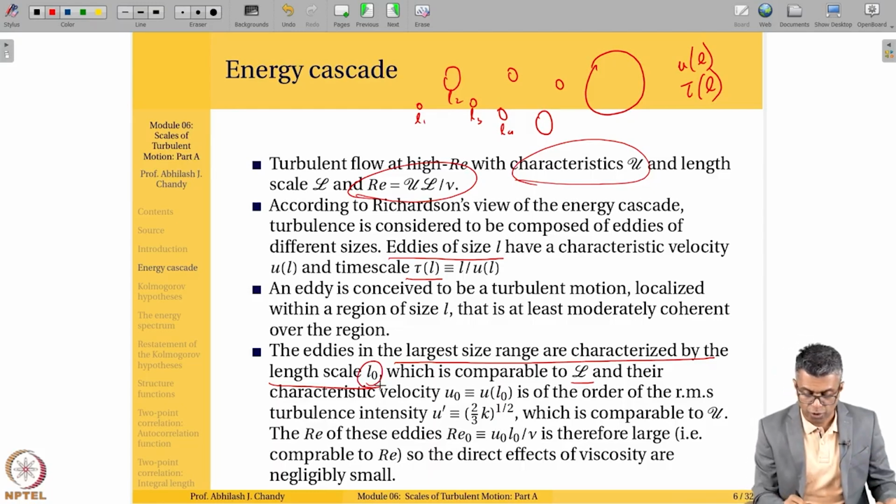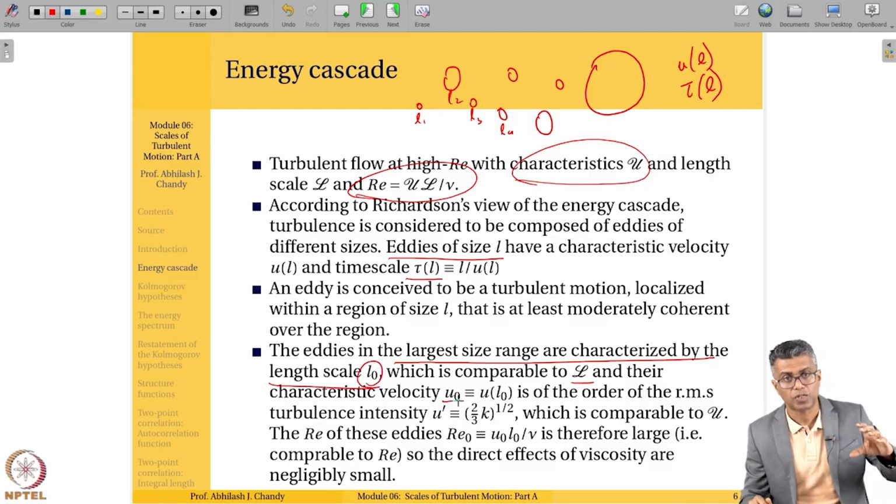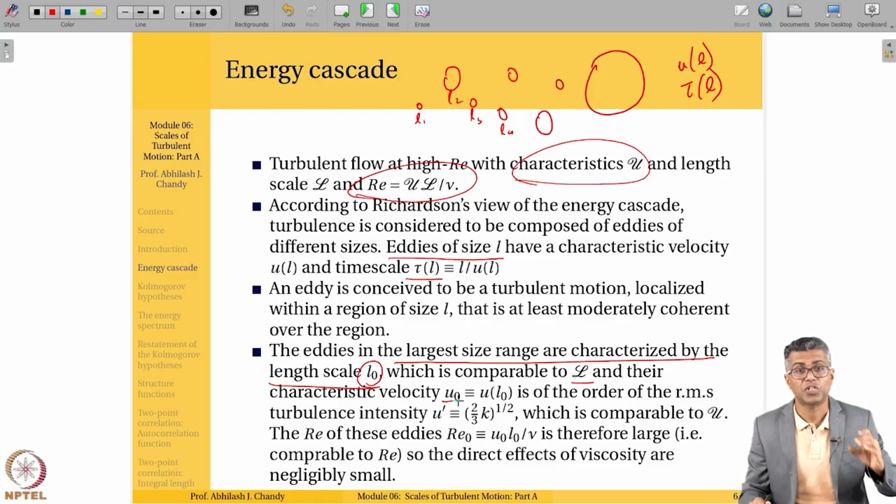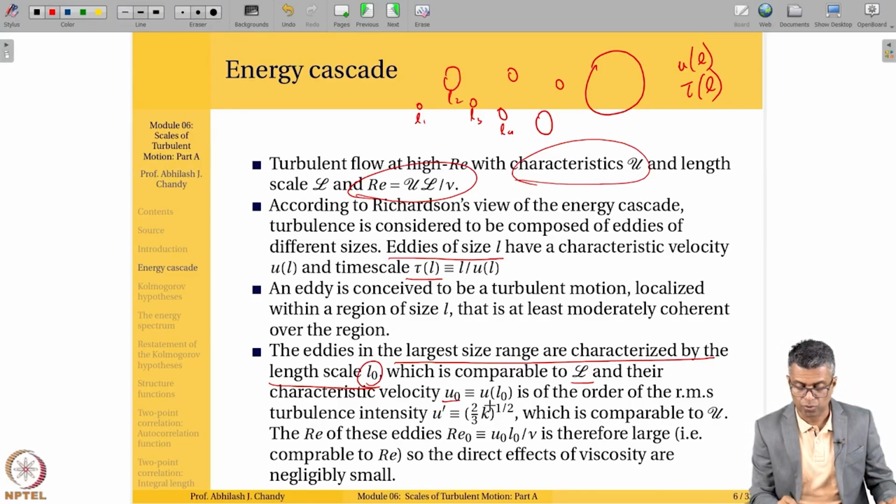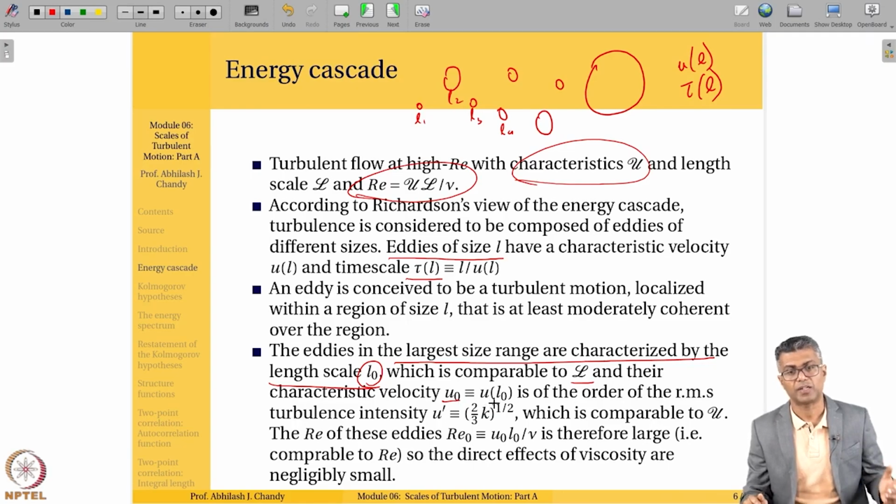So correspondingly, you will have a U0 associated with the velocity of the largest eddy, and that U0 is a function of L0. That is your largest velocity scale. And just like L0 is of the order of this fancy L here, U0 would be of the order of the square root of the turbulent kinetic energy, isn't it?